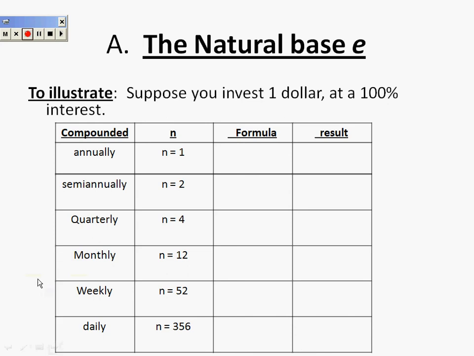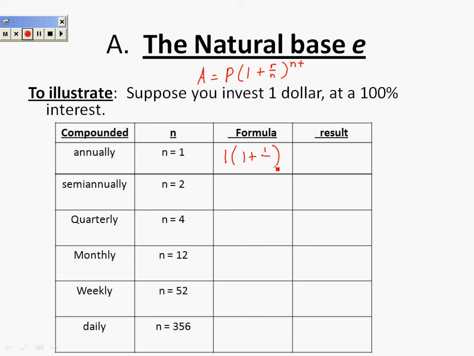Here we go. My compound interest formula is A equals P times (1 plus r over n) to the n times t. If I'm investing $1, what is my P? It's 1. And what's the rate? 100%, which in decimal is 1.